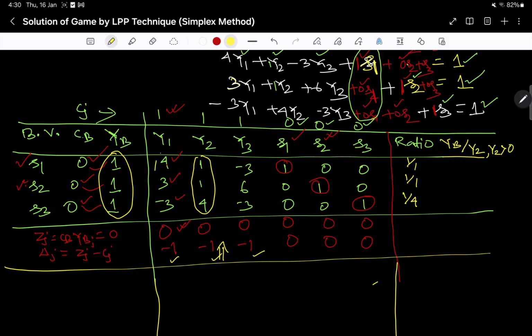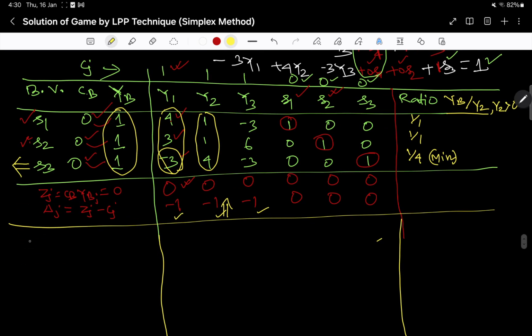So this is your minimum ratio. Since this is the minimum, S3 will leave the basis, so in the next table it will be S1, S2, and S3 is replaced by Y2.